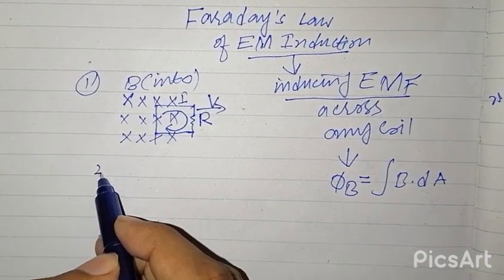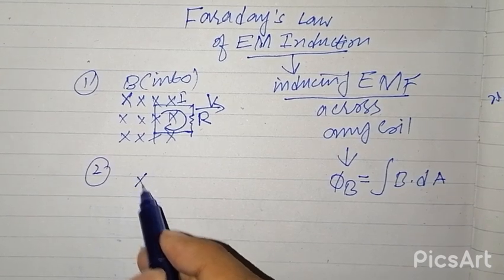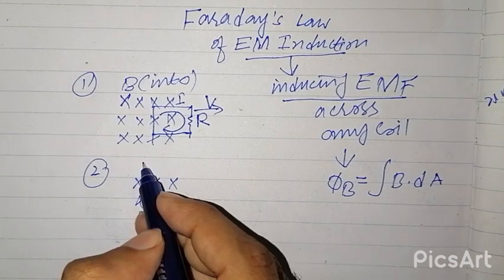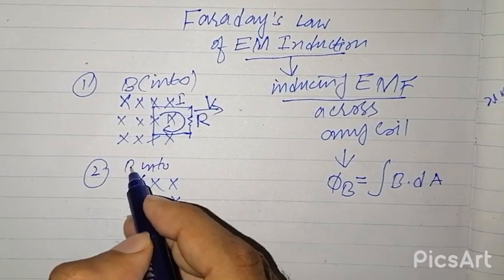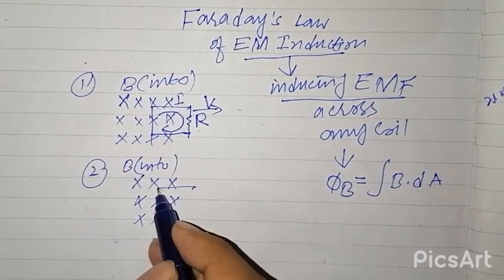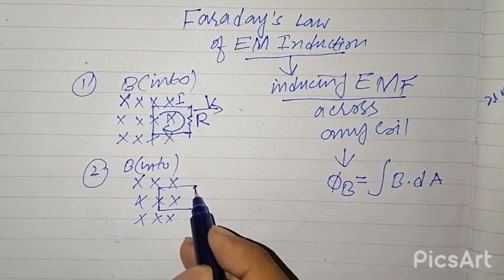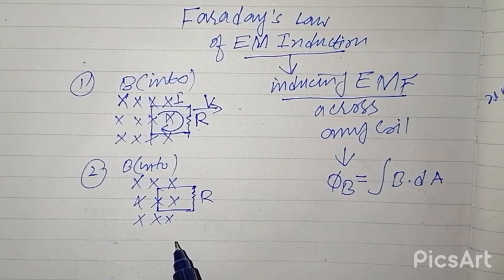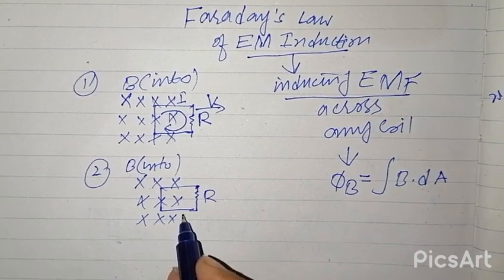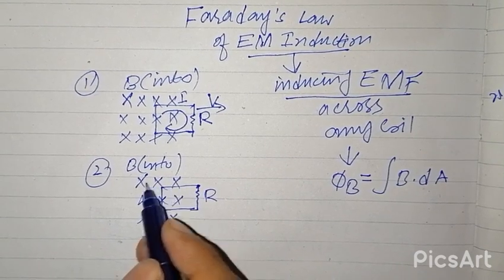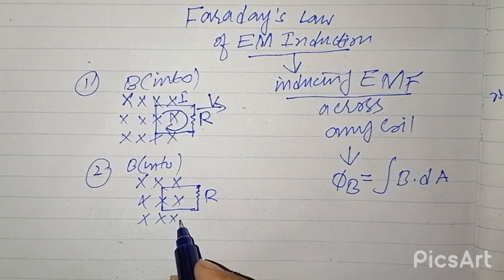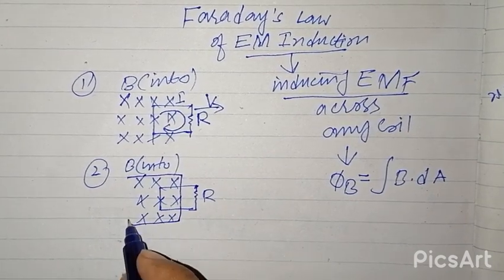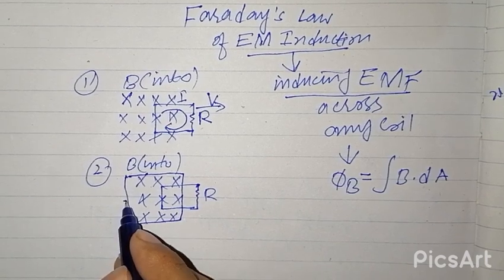In the second experiment we have the same magnetic field, B into the page, and we place the same coil. It has finite resistance, and now this field is produced by a magnet, and that magnet has a certain velocity to the left.